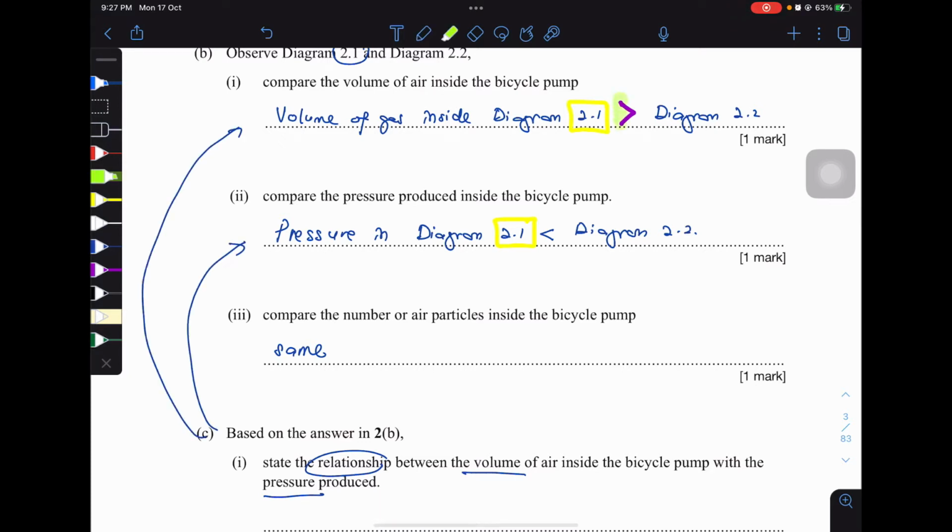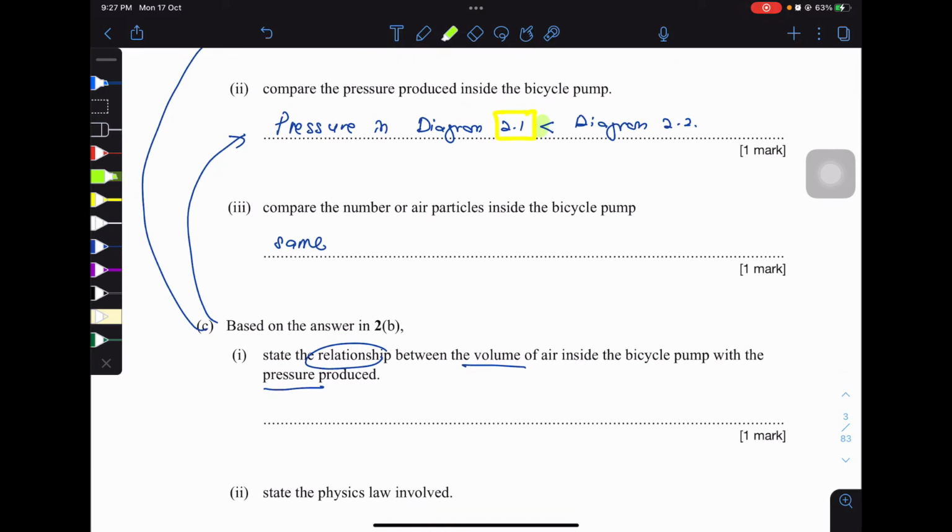So the higher the volume of gas, the lower the pressure.